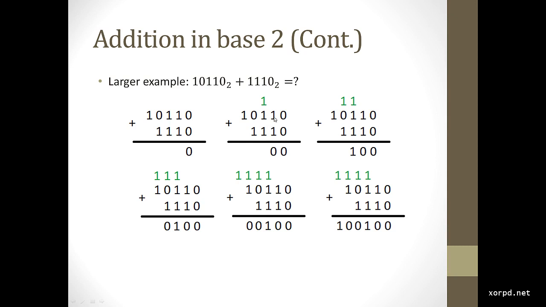Next we move on to the next digit. 1 plus 1 equals 10. So we put the 0 here and the 1 here. Next we add 1 plus 1 plus 1 and we get 11. 1 goes here and the other one goes here.